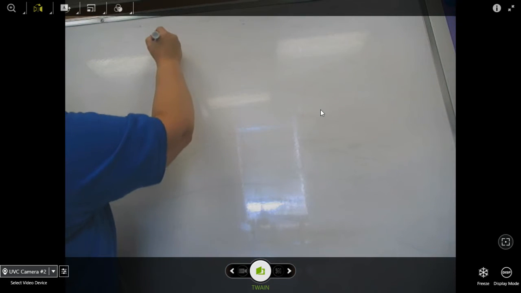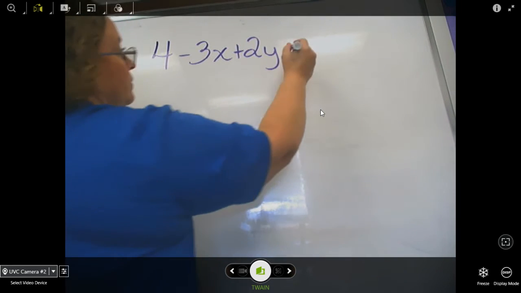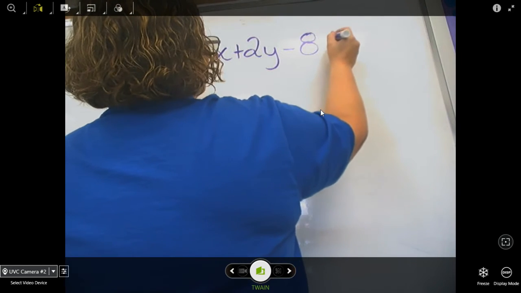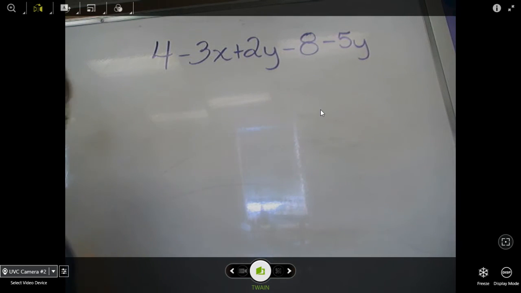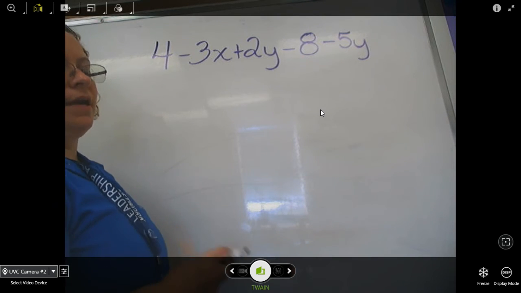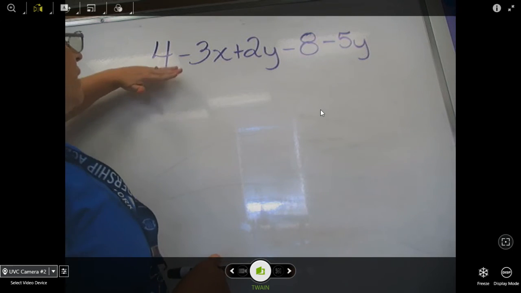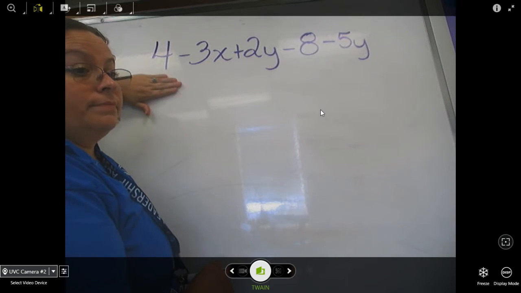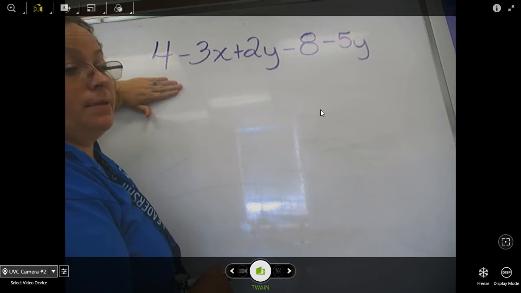Let's say I give you this. If I were you, I would look and I would see what doesn't have anything in common. If there is anything, there may not be. But if I look here, here is a constant. Means it doesn't have a variable on it, but it can still be combined with something sometimes.